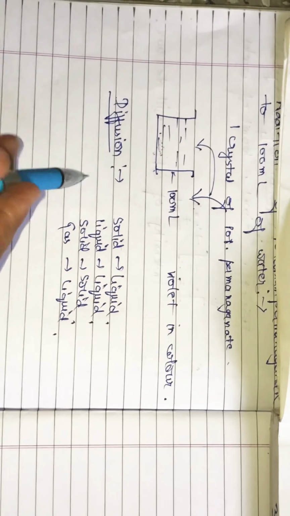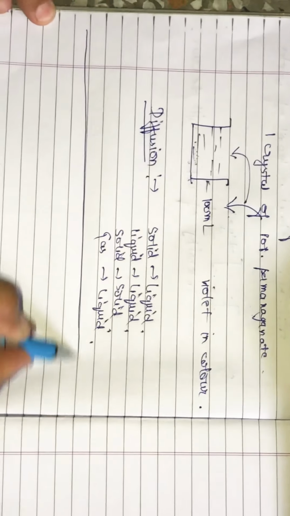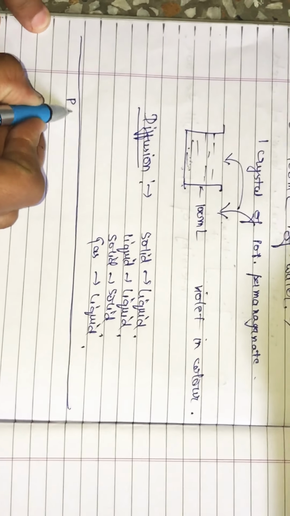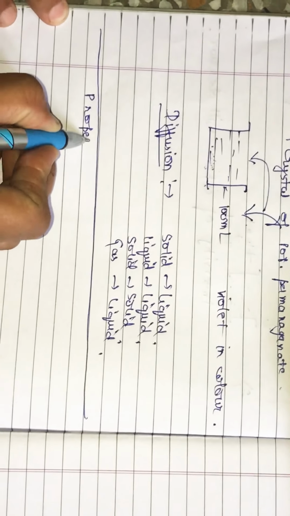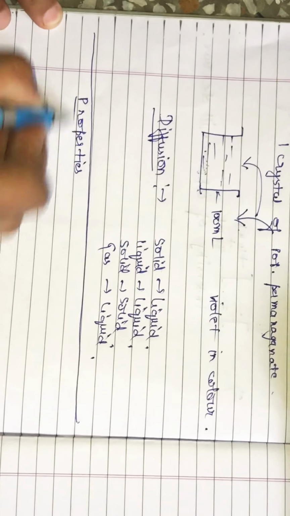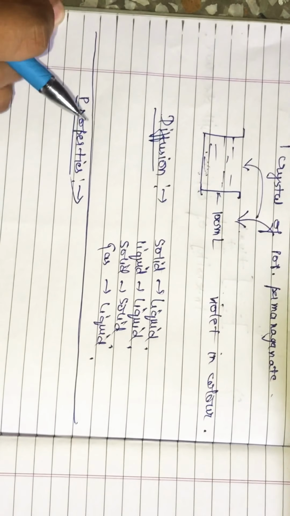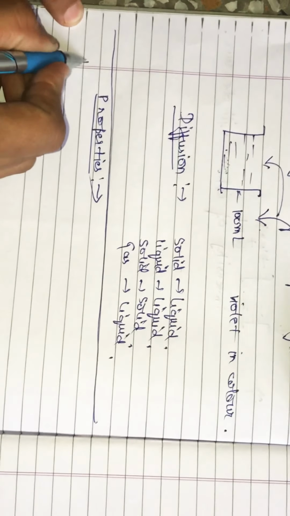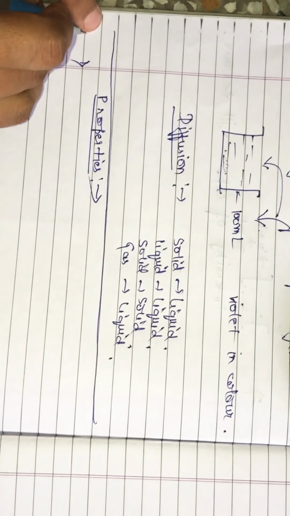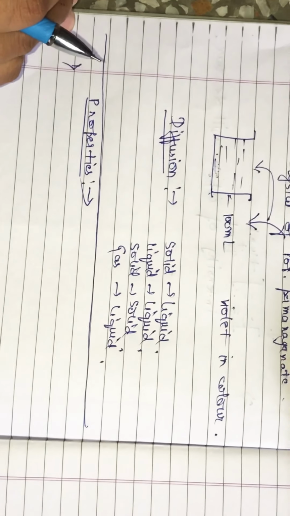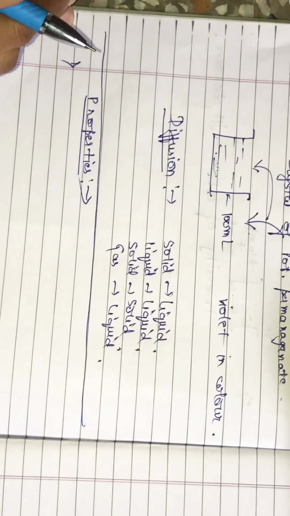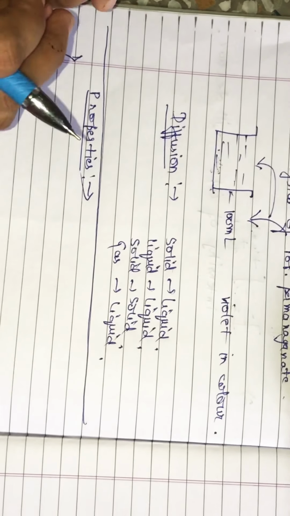After this we will discuss what the properties of matter are. Among those, one we have done. Basically there are four properties, given in your textbook. First is that particles of matter are very small or tiny.